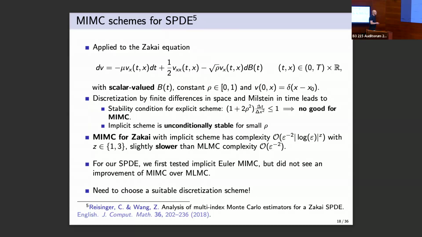But with this stability constraint, this, of course, does not apply. So general explicit schemes, or at least unstable schemes, do seem to not perform so well. What they observed next was that if they instead used implicit integration in time, but still a Milstein scheme, then this scheme was stable, provided rho is sufficiently small. If rho is smaller than 1 over square root of 2, they show that it was stable.